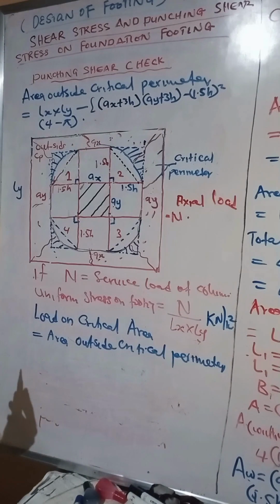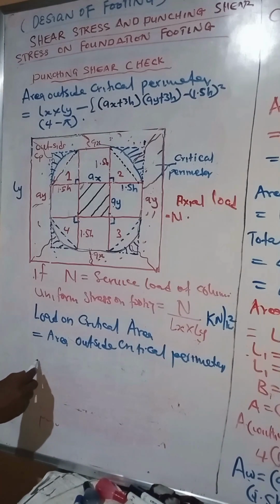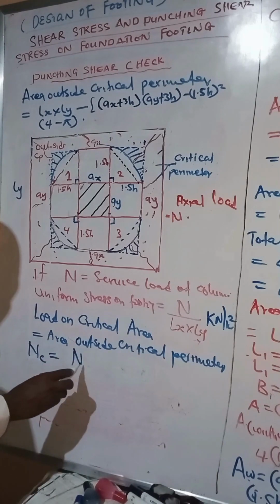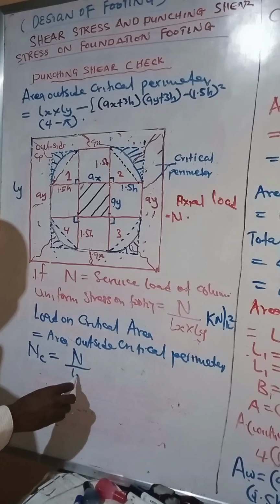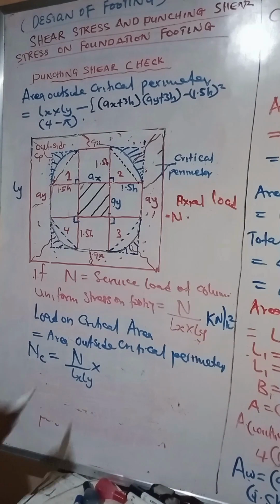So the load on the critical area, let's call that load NC, becomes N over Ls times Ly times the critical area.